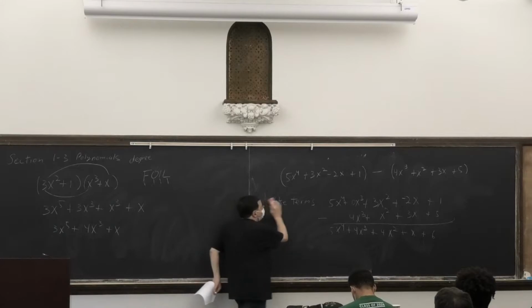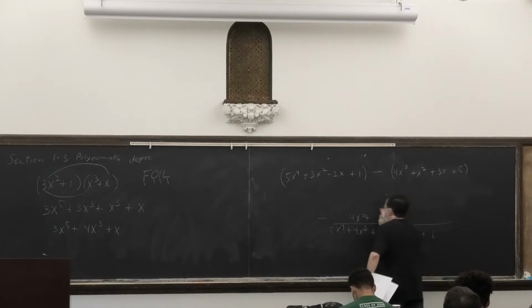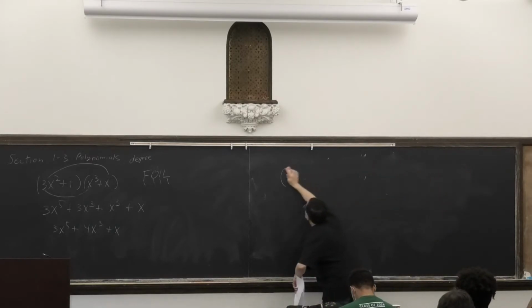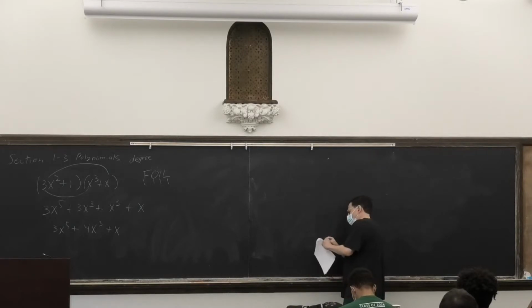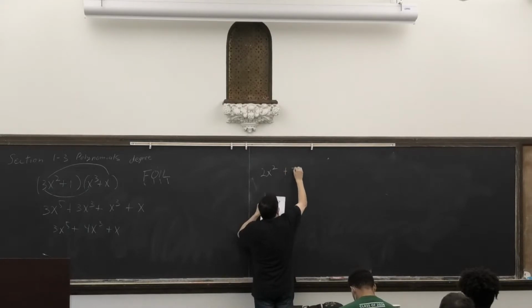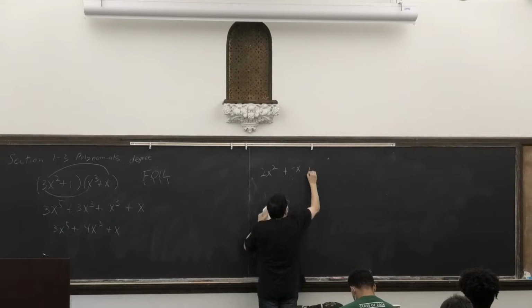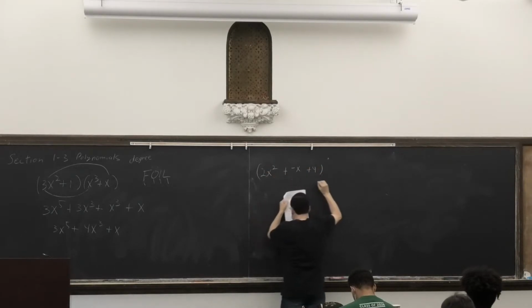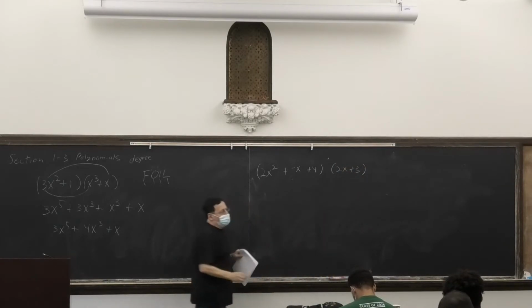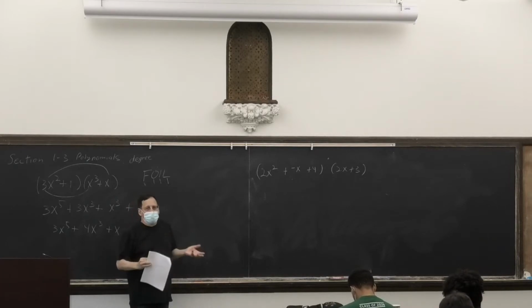Well, so we're going to take this problem, x squared, again, I'm going to write this plus minus x, not minus x, plus 4, times 2x plus 3. So here we're going to use the same algorithm we use when we're multiplying two numbers out.